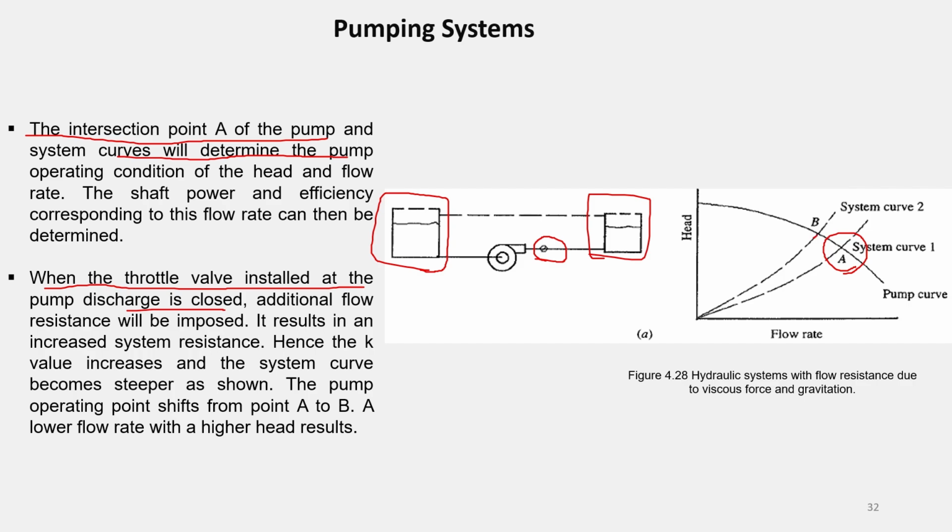But if you close the valve, this point will be shifted from A to B, and if you keep closing, at one point the system curve will become like this. No flow rate, high head. You see, so the system curve is controlled by the characteristics of the flow itself, and it is determined also by where the pump is installed.